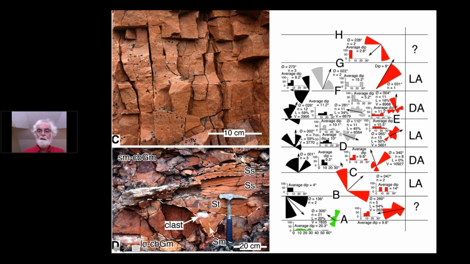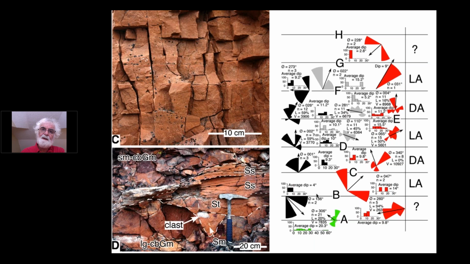When we look at the geometry of the foresets compared with the geometry of the lateral accretion surfaces, we can separate this whole package into an alternating sequence of units which are dominated by lateral accretion and dominated by downstream accretion, all within this large-scale lateral accretion system.